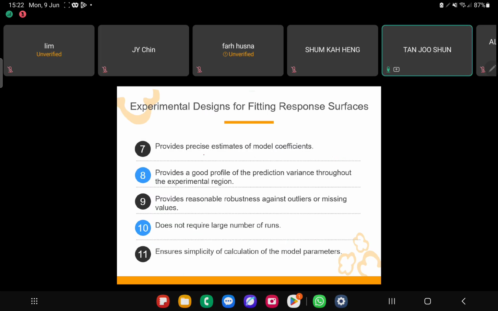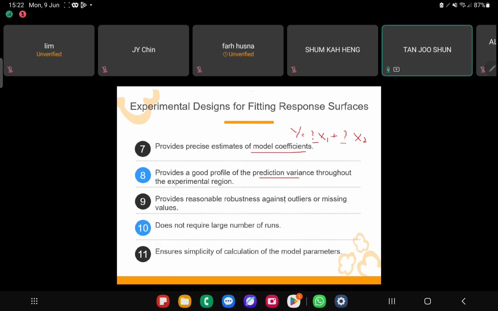Another one is to estimate the model coefficients, like y equals coefficient times x1 plus coefficient times x2, something like that. It also provides a graph profile of prediction variance. This is for prediction: like I mentioned, the response surface can predict the optimum condition for you.